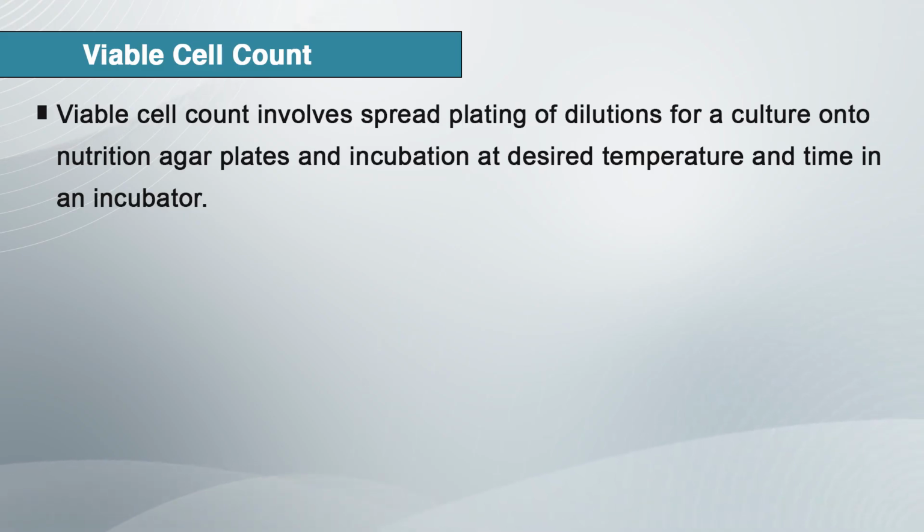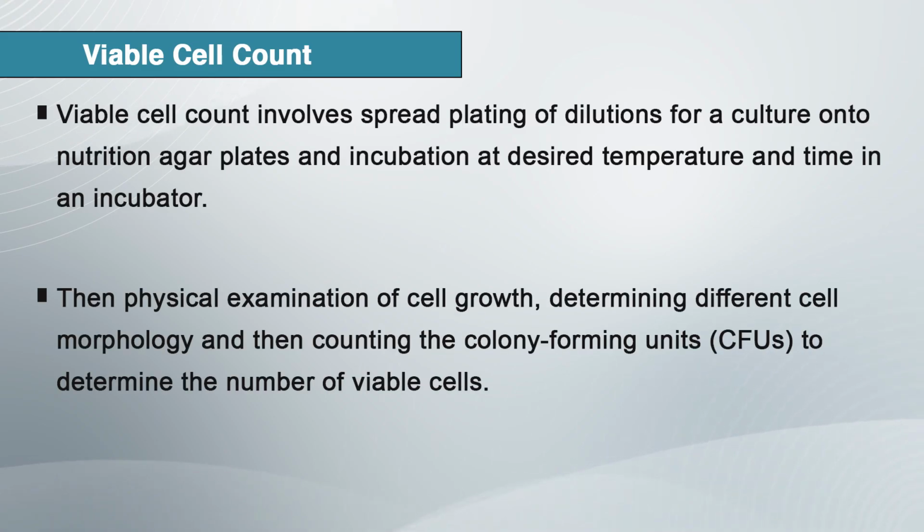Basically, the desired temperature is 37 degrees centigrade and almost within 24 to 36 hours we get the number of colonies. Then afterwards what we do?